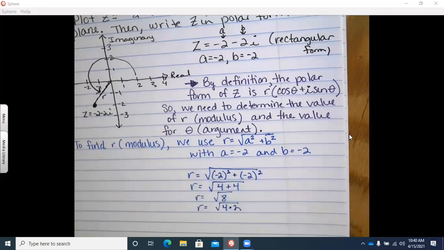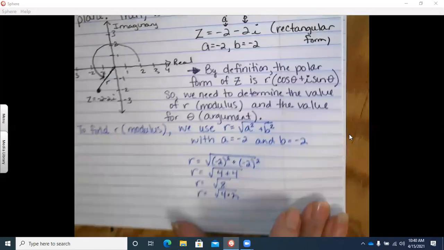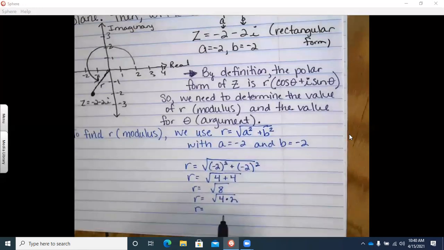And if we have a perfect square, we need to take the square root of it. So what's the square root of 4? 2. So 2 goes outside the radical. Square root of 2, 2 is not a perfect square. It would be a decimal. We're not doing decimals, so just 2 square root 2. So this is my value of r, the modulus.